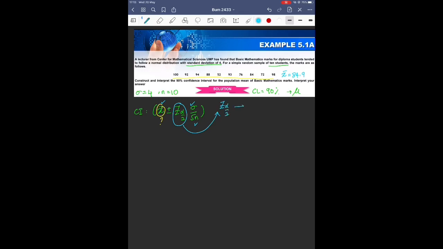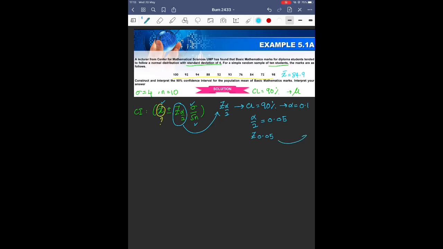How do we find z alpha over 2? We can find it from the given confidence level of 90%. We calculate alpha, which is 0.1. For a confidence interval, alpha needs to be divided by 2, and you will get 0.05. So z 0.05 we can find in your stat table.